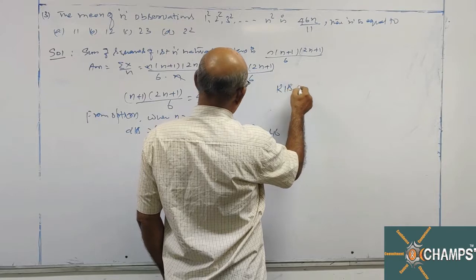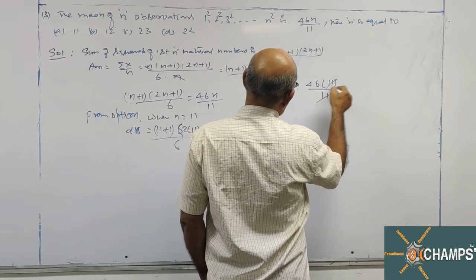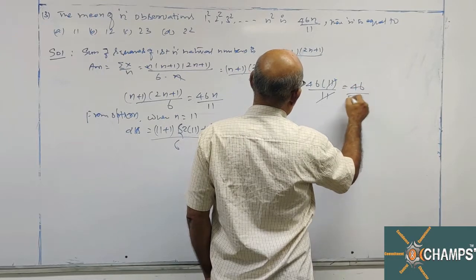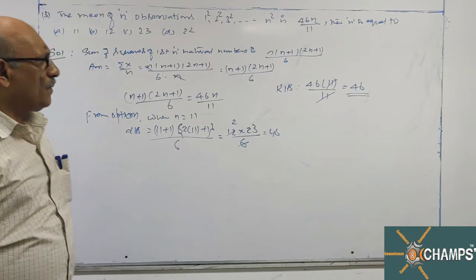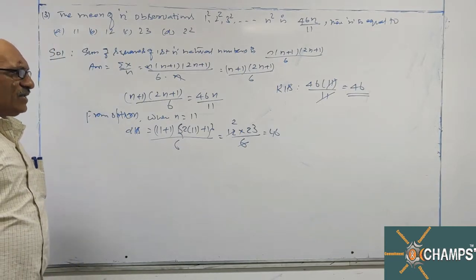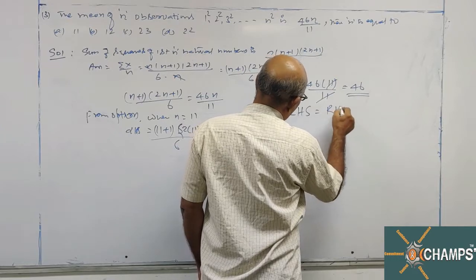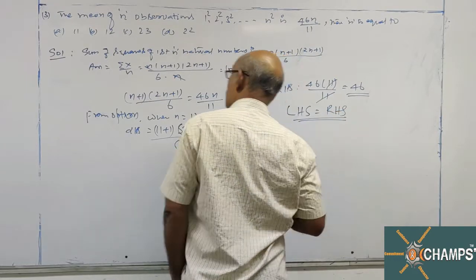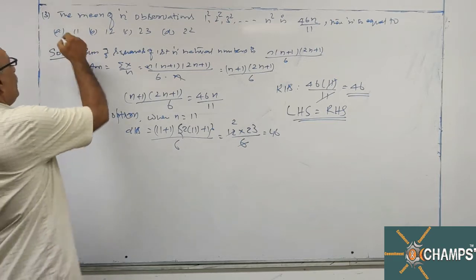Let us see RHS. 46 into 11 by 11. This is 46. 11 by 11 cancel. LHS equal to RHS. So n is equal to 11 is the answer.